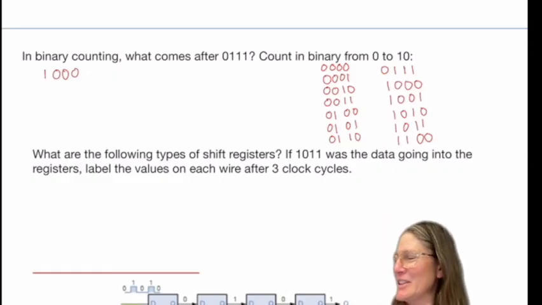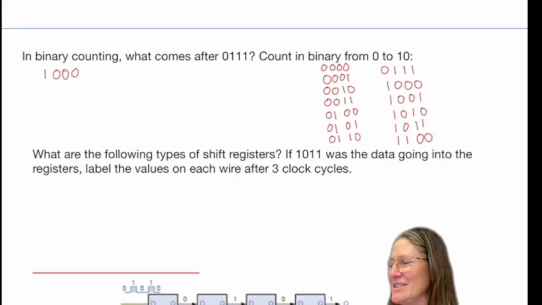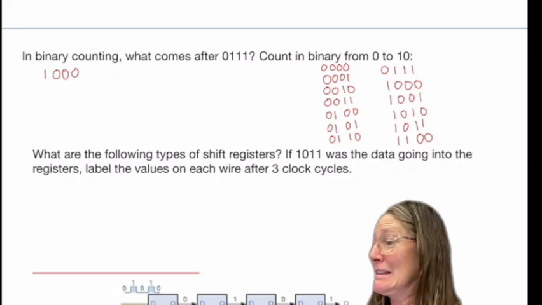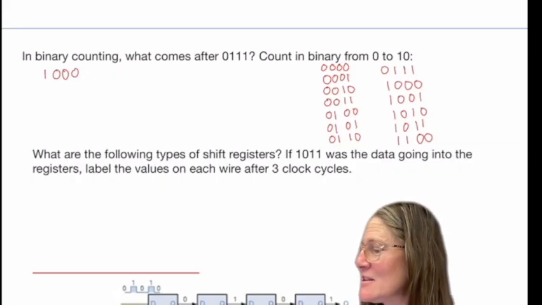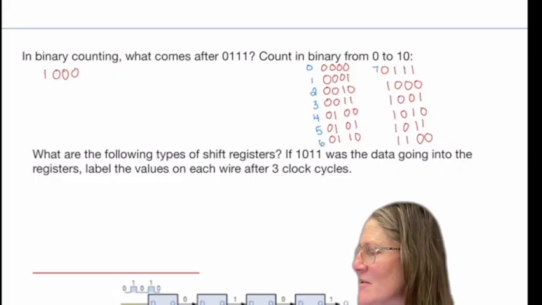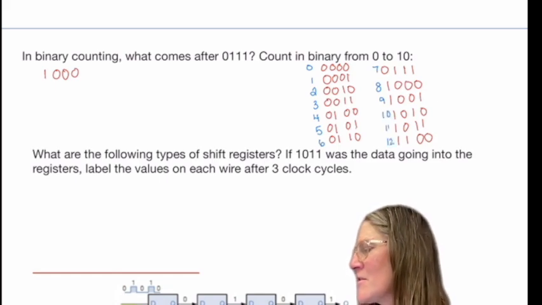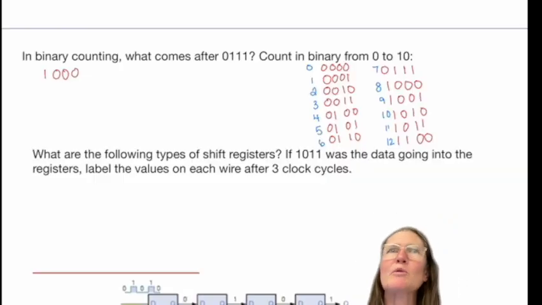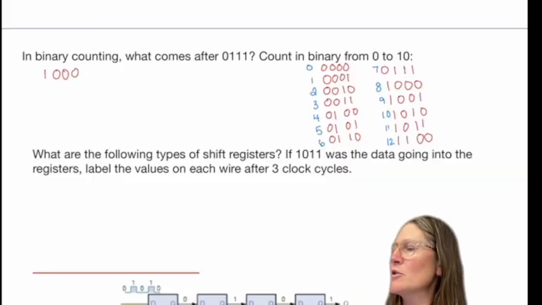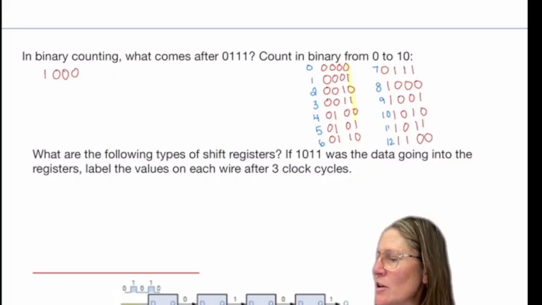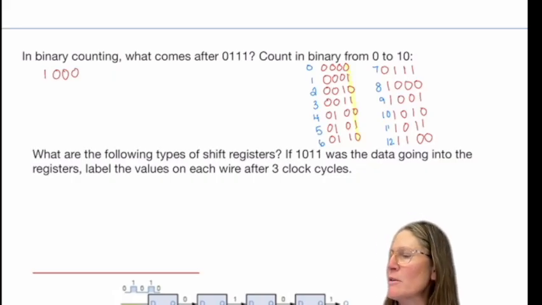Okay, 0, 1, 0, 1. Okay, 1, 2. All right, so remember, when you're doing this, you're toggling this last bit every other one.